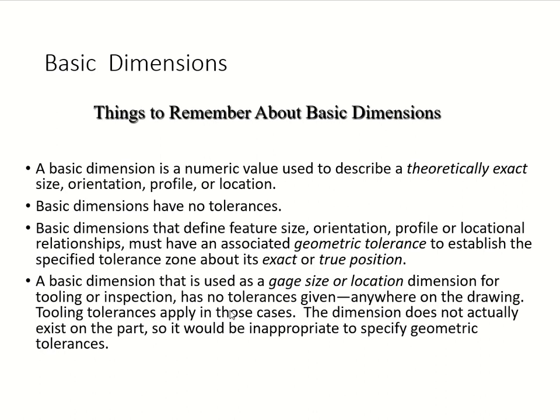And when you use your basic dimension for gauge size or location, you don't need tolerances, because these dimensions for gauge size or location are not on the part. That's just a gauge size. So therefore, you don't have to put a tolerance in there for that dimension. It's just a value. We've got to look into it with a diagram so you can see.